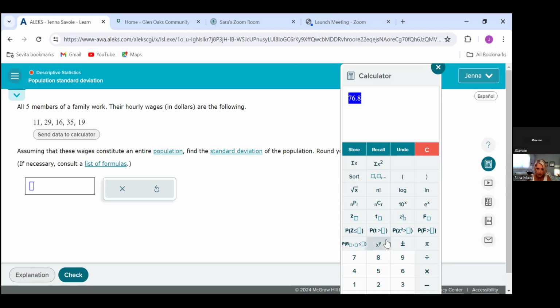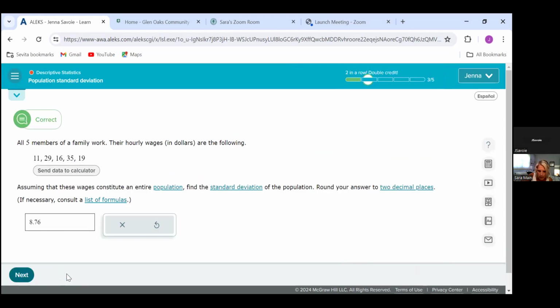Which will be my answer once I square root this. So 8.76 should be my answer. Wow. Okay.